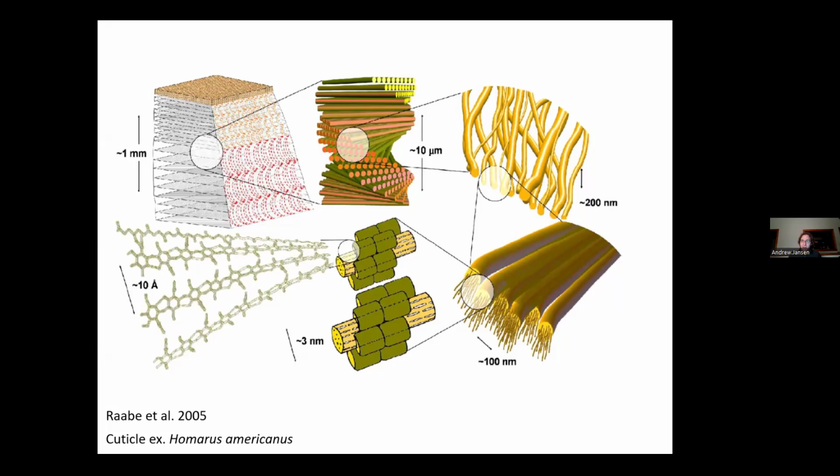A fibrous laminate composite is one where all of the laminae, or the layers, are made up of fibers that are embedded into some kind of matrix. In man-made systems, you would see glass fibers, for instance, embedded in epoxy.